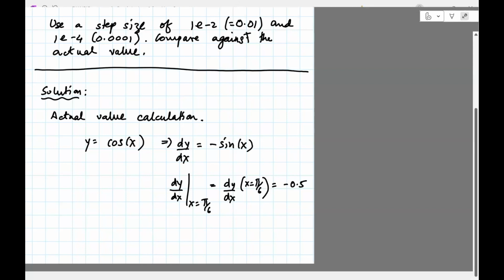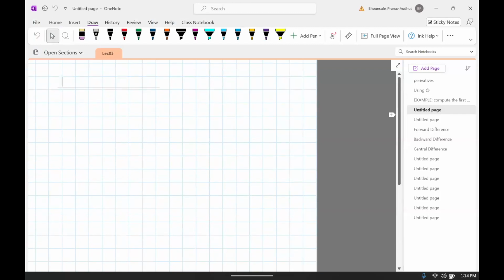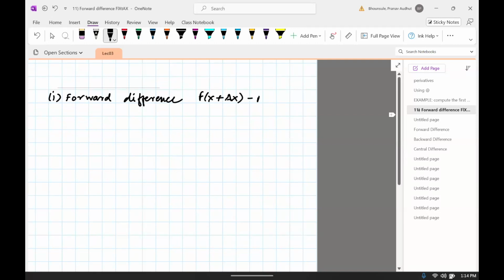Okay, so here we go. Let's write the three formulas. We have one, forward difference, which would be f of x plus delta x minus f of x, divided by delta x. Okay.